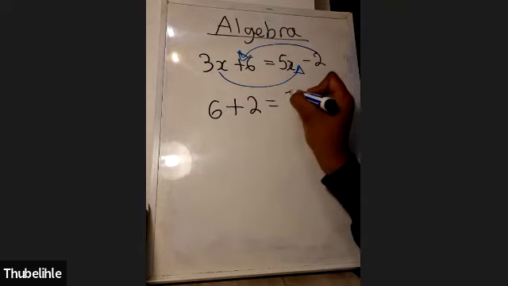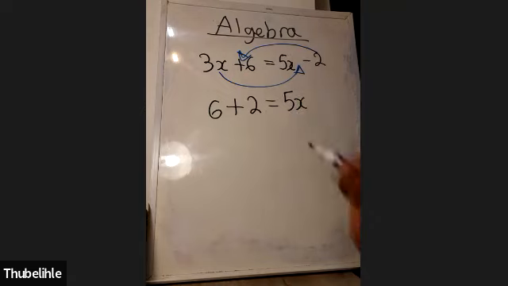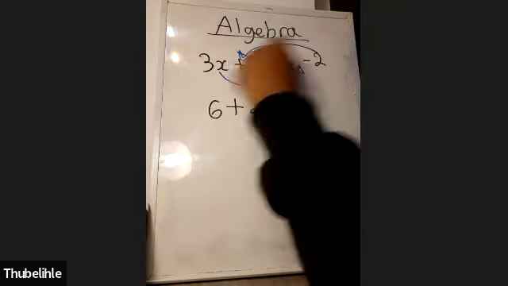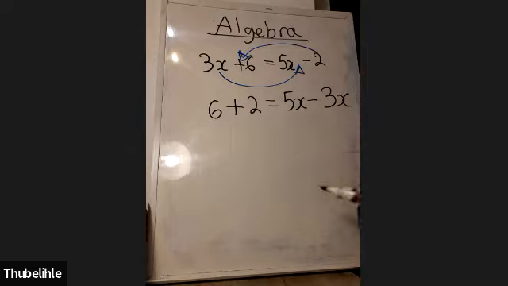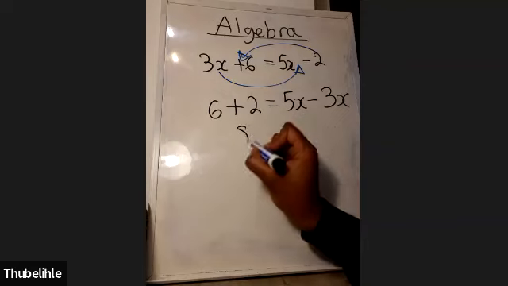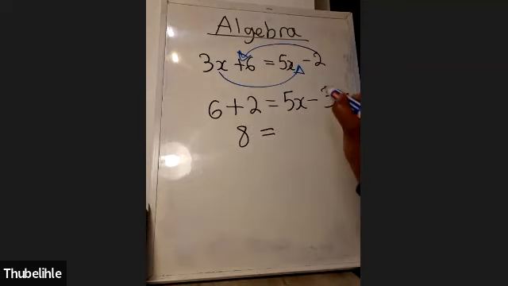Okay, 5x didn't move. And then 3x is jumping from this side to this side. It was a positive 3x, but because it's this side now, it's going to become a negative 3x. Okay, so now try this. We have 6 plus 2, you get 8, is equal to 5x minus 3x, which will give us 2x.